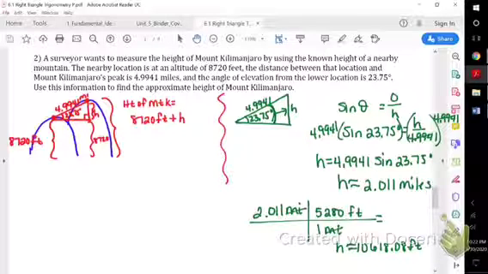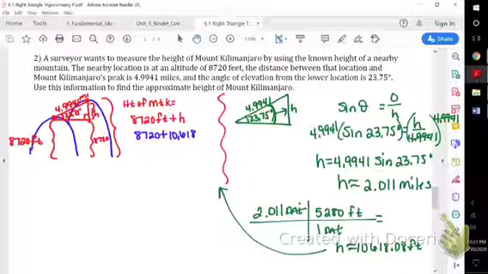Alright, so now that I've got that, I'm going to take that and come back over here so I can solve my final answer. So we know the height of Mount K is 8,720 feet plus H, which we said is 10,618 feet approximately. And so when we add those together, I got approximately 19,338 feet.